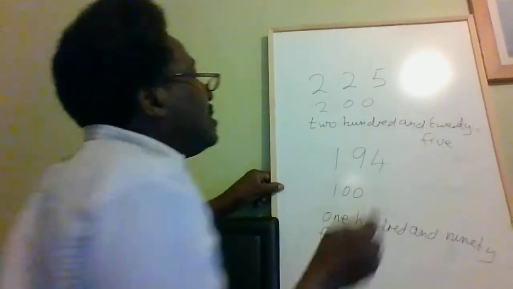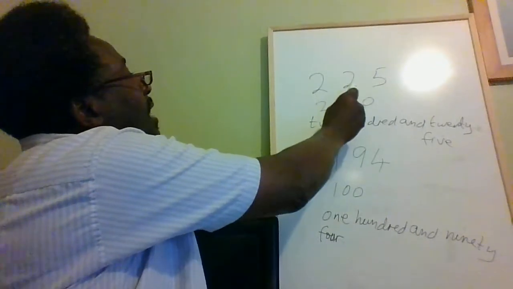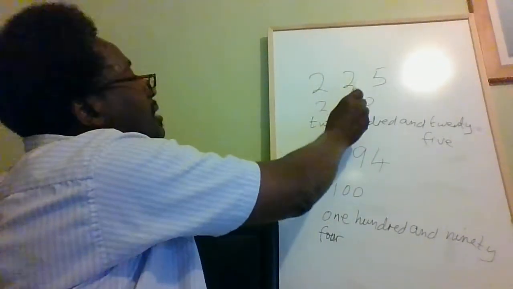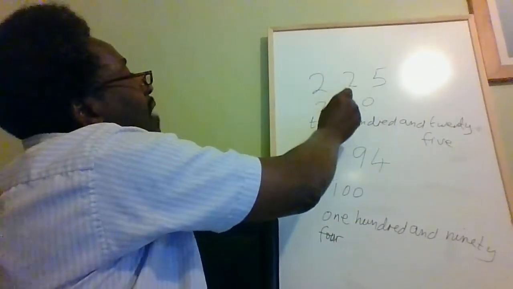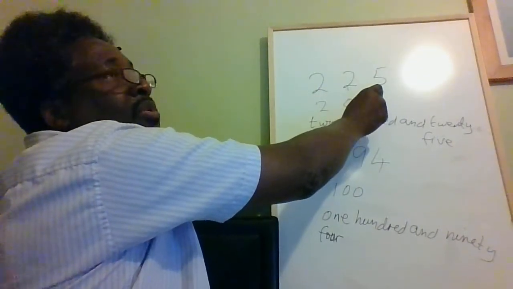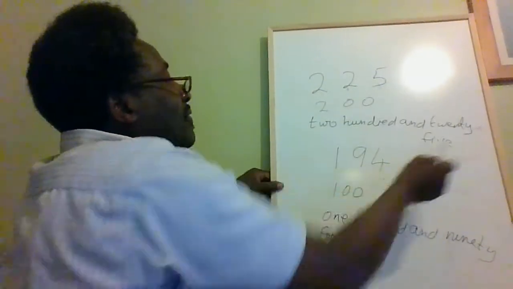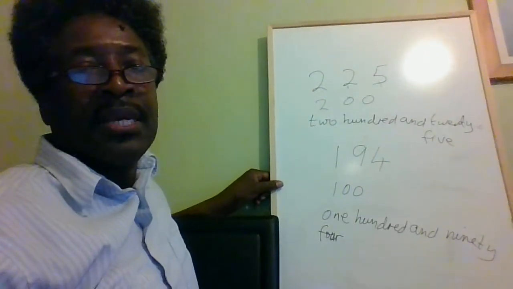Because this is 2 tens, remember, it's in the place value of tens, the value is 20. The 5 is in the place value of units or ones. 20 plus 5, 25. Yeah?